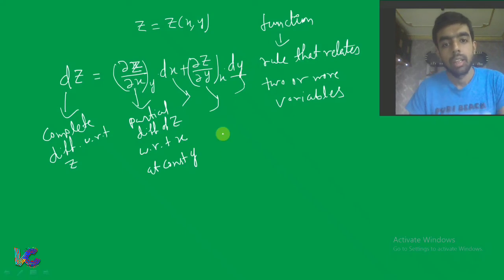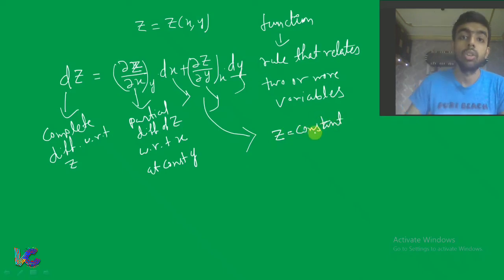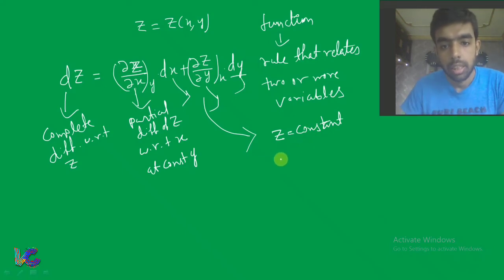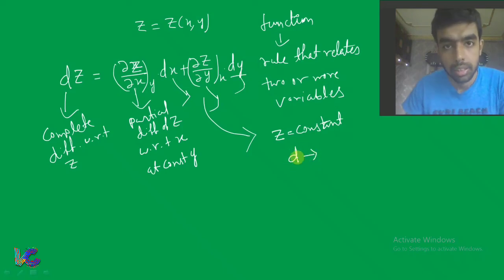Now, if in this equation I say z is equal to constant, that means I am introducing a constant, then what will happen? The complete differentiation, which we designate as d, will convert into partial differentiation.